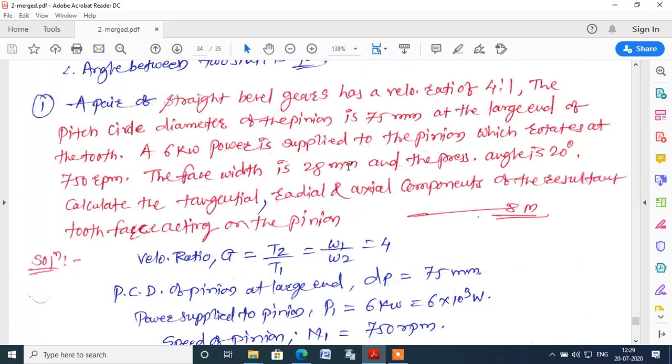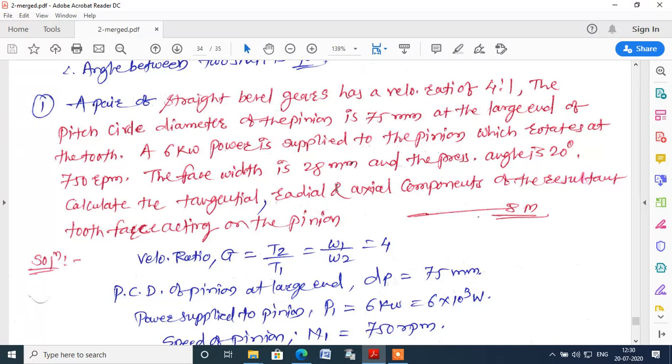A 6 kilowatt power is supplied to the pinion, which rotates at 750 rpm. The face width is 28 mm and the pressure angle is 20 degrees. Calculate the tangential, radial and axial components of the resultant tooth force acting on the pinion.